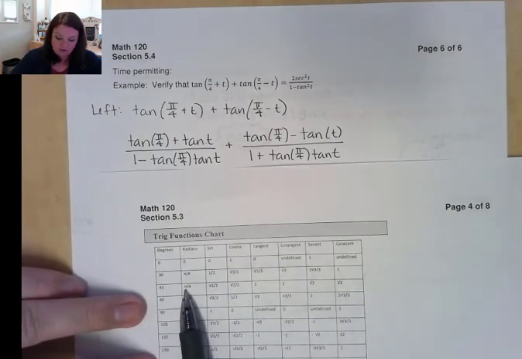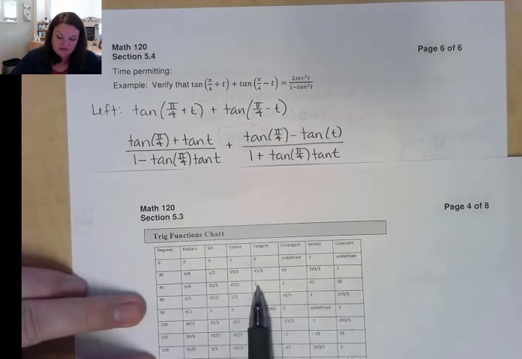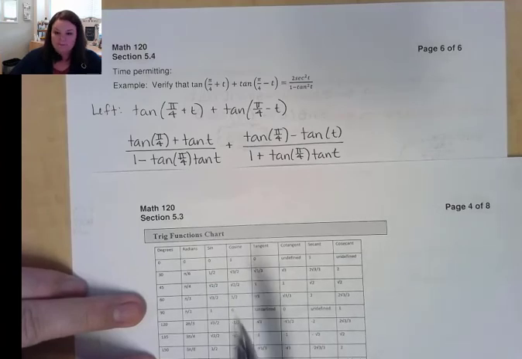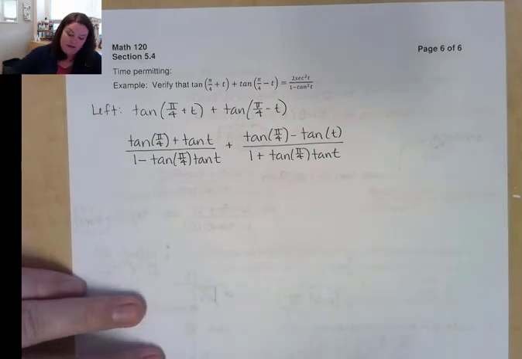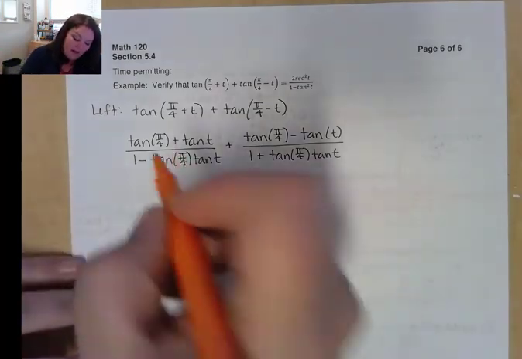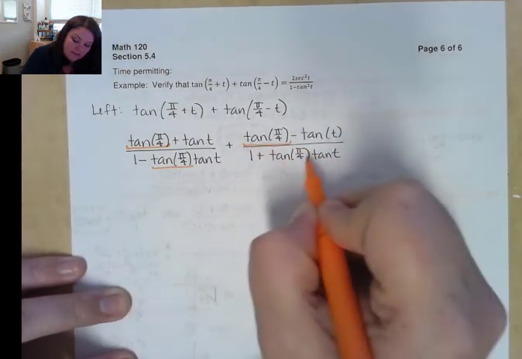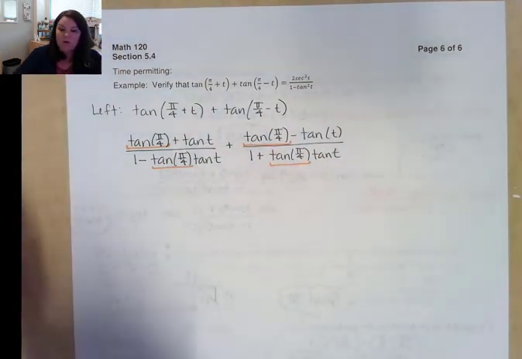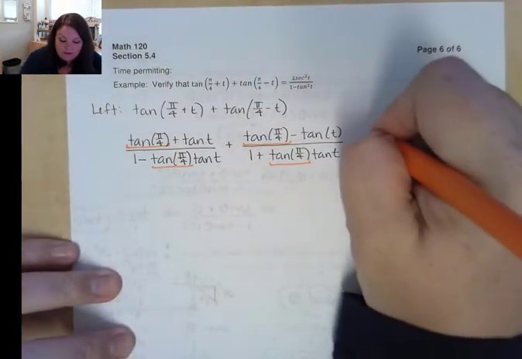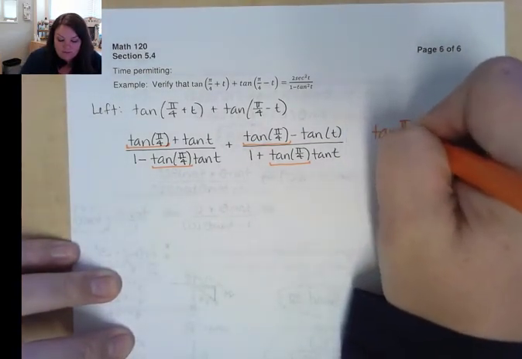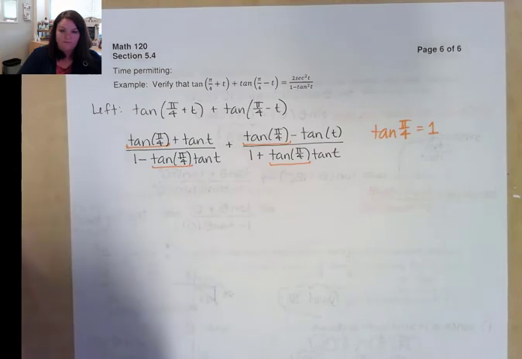So pi over 4, if I go over to find the tangent value, it's actually 1. So anywhere I have tangent pi over 4, any of these, that's all just going to equal 1. Okay, tangent of pi over 4 equals 1.